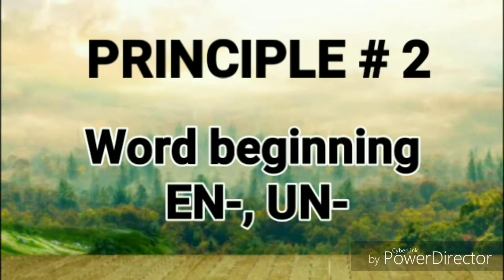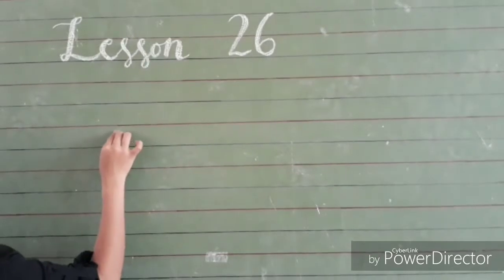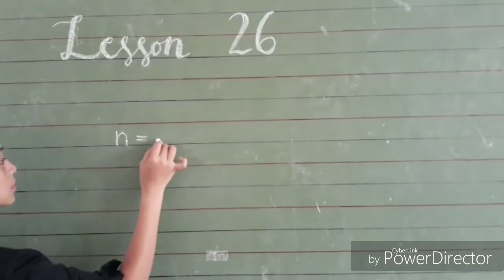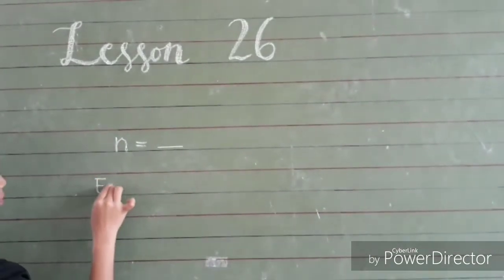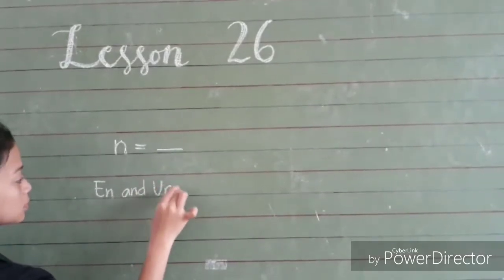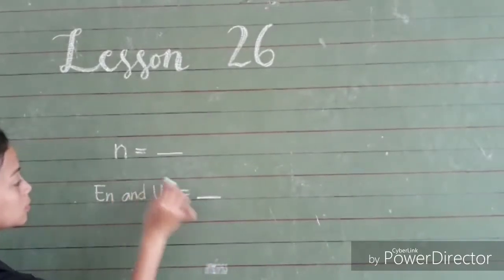Principle number 2. Word beginning en and un. So n is represented by a horizontal line. So it is also same as en and un. The word beginning with en and un is also represented by n.